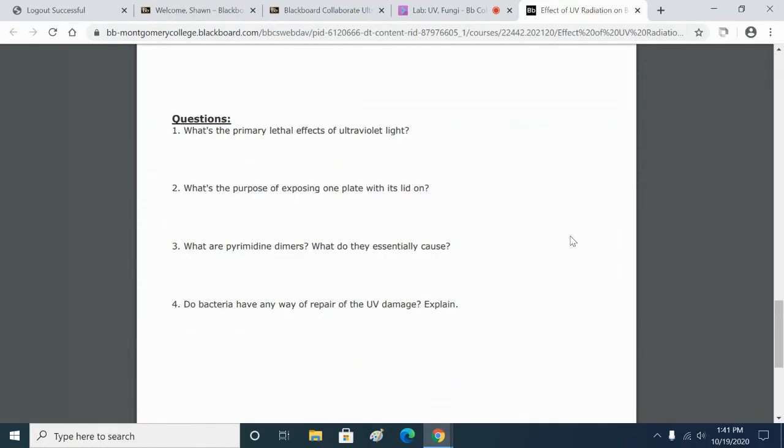By cutting out the dimers. And how do they do that? Just in general? By an enzyme, right, which can cut out the thymine dimers and replace them.